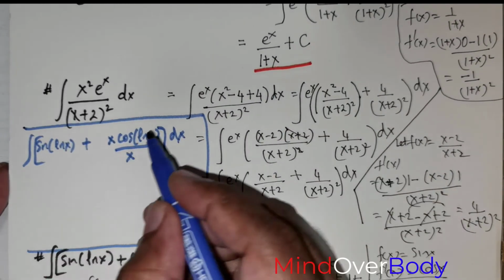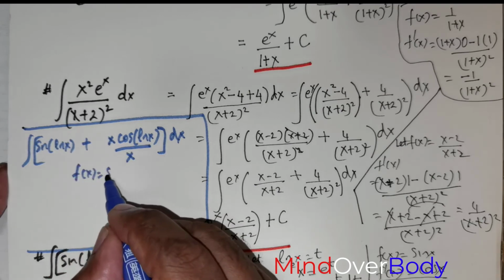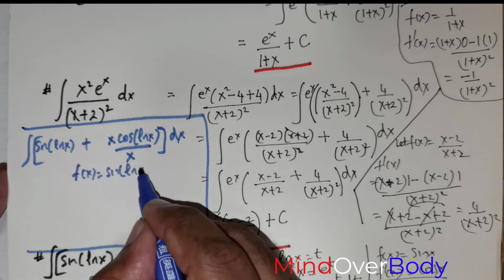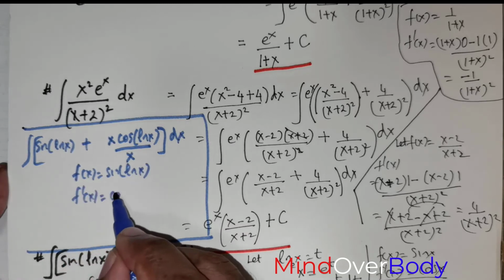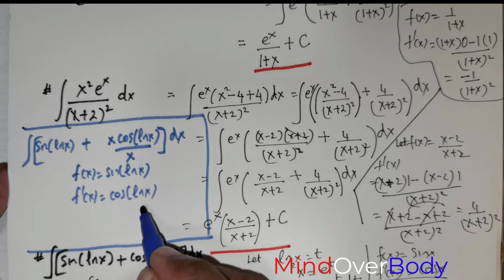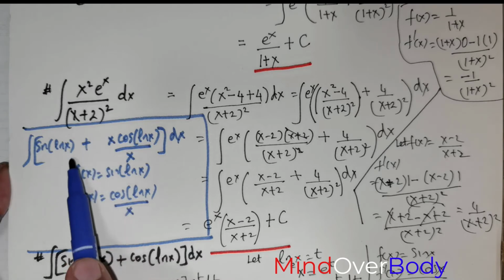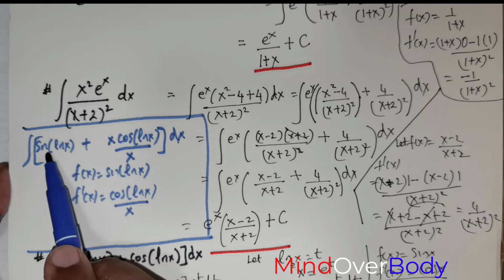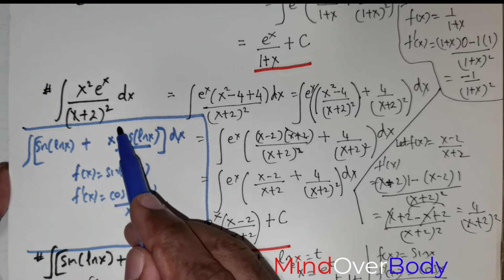Now if I were to take f of x to be sine of ln x, then you can see that the f dash of x is going to be cos of ln x times differentiation of ln x. What is that? That's nothing but 1/x. So clearly I can see f of x differential being present here along with x. You see that?